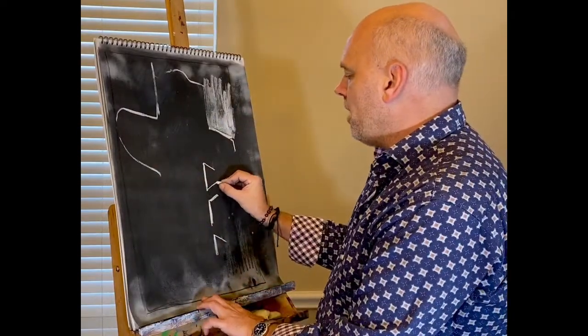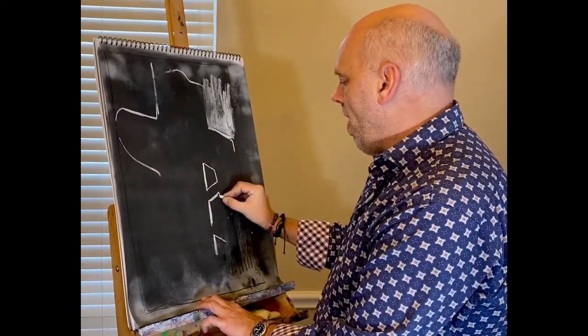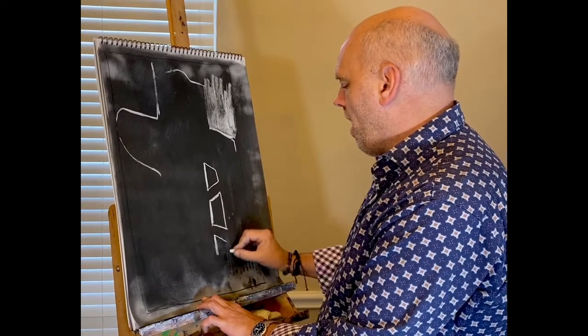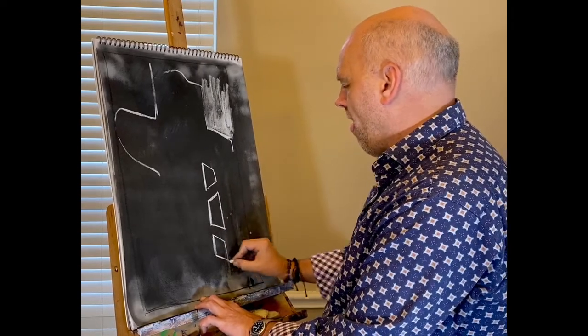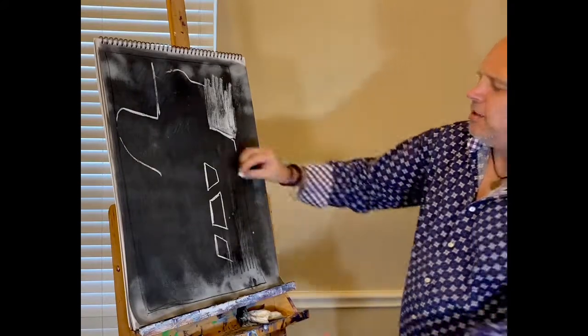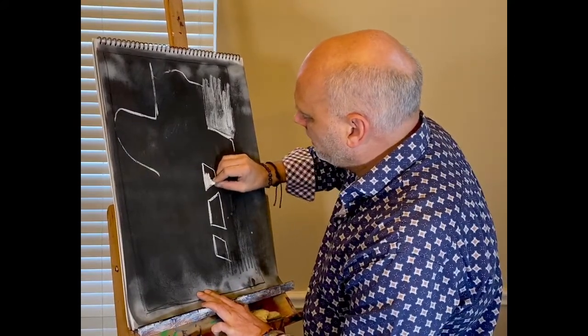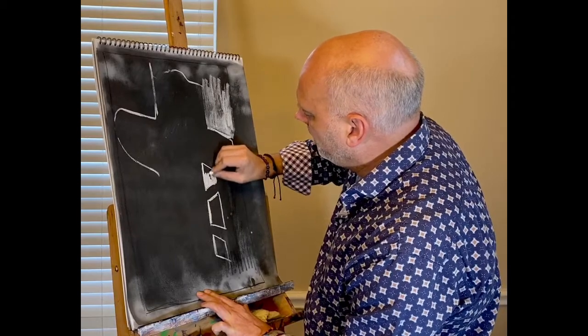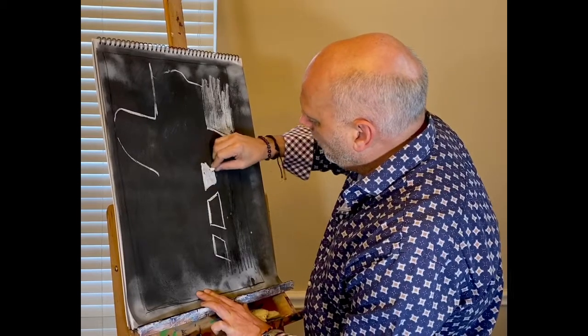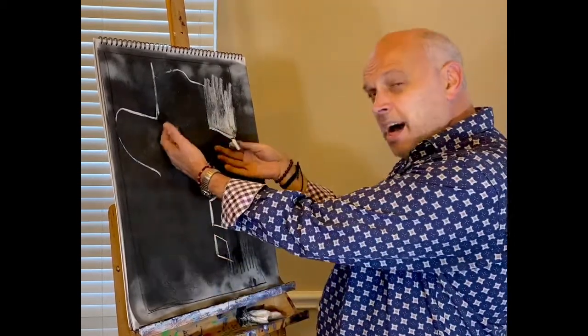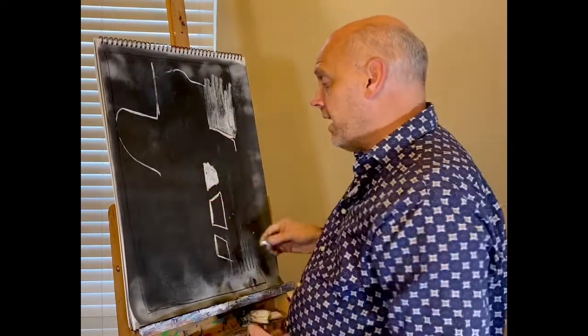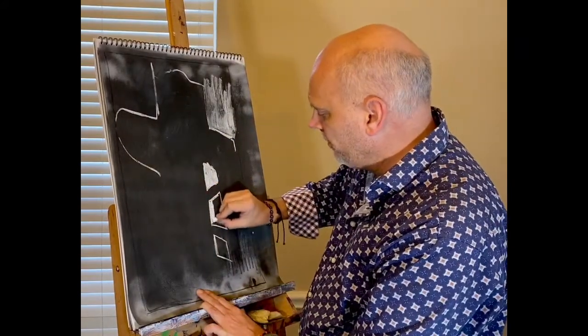When we're done, our mind will start to see that those light areas, even though we're actually drawing light shapes on a dark background, we're defining the positive actually by drawing the negative. And that's what this is all about.